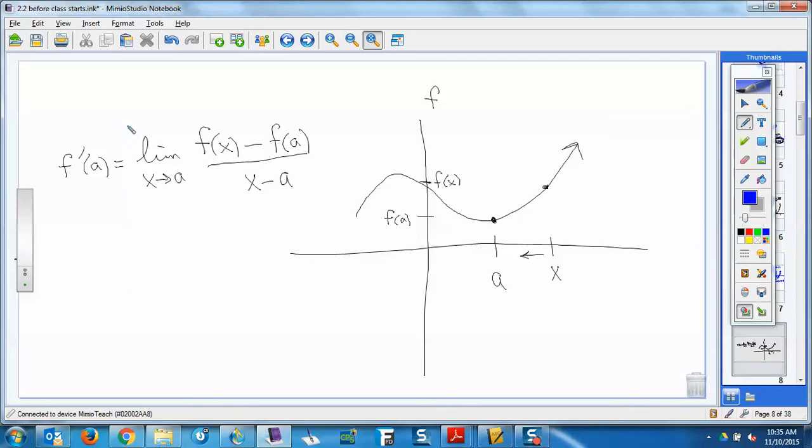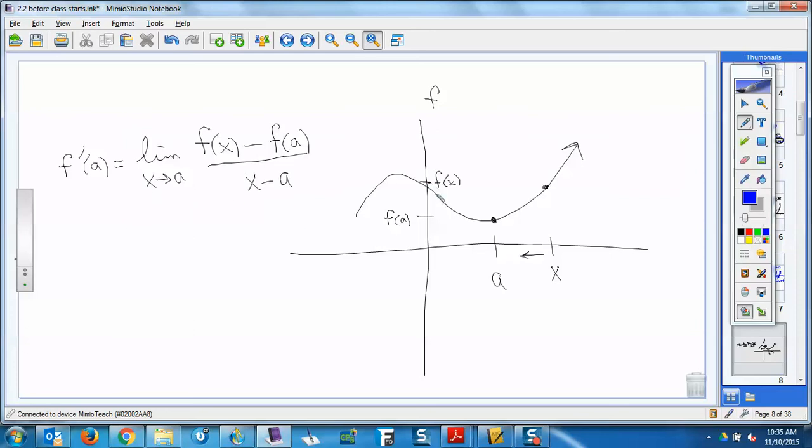Instead of calling the points a and a plus h, I called them a and x. And then instead of letting h go to 0, which is what let a and a plus h get really close together, I just said I'm going to let x get closer to a. So it's the limit as x approaches a.